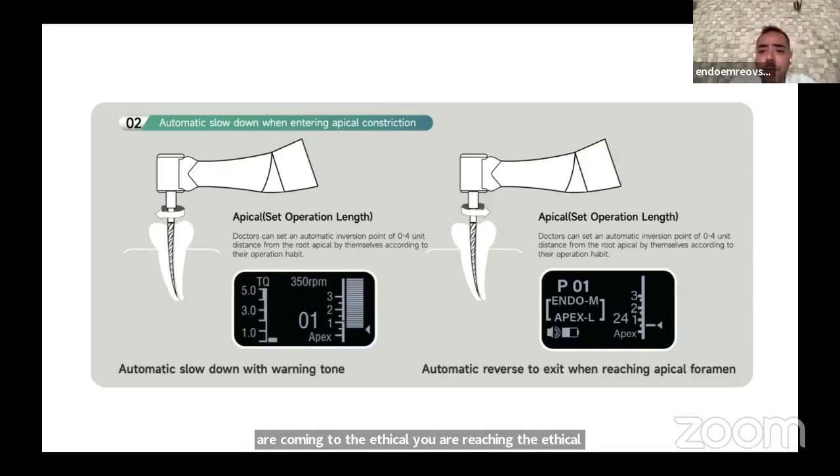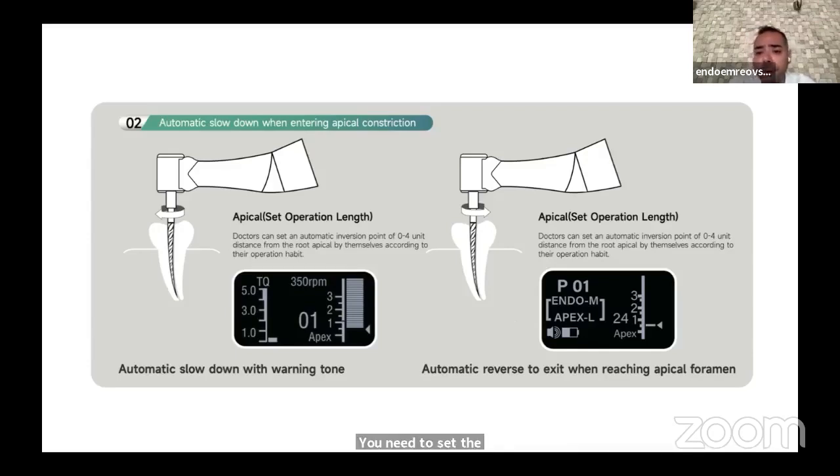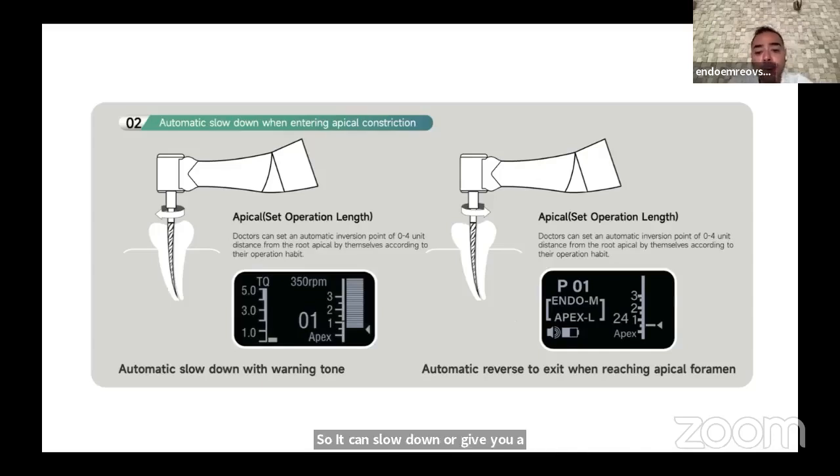And you need to set the operation length to between 0 and 4 units from the apex, and you can adjust it to automatic reverse to exit when reaching the apical foramen. So it can slow down or give you a warning tone, or it can go back to the coronal part with the automatic reverse function.